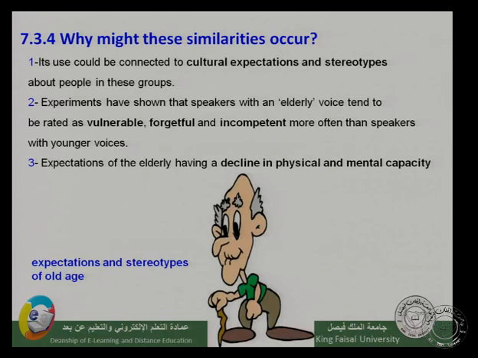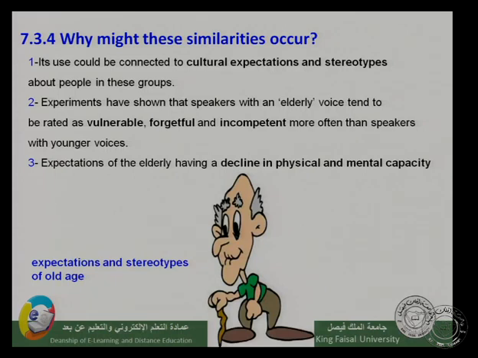Number three, expectation of the elderly having a decline in physical and mental capacity. So we have the expectation that the older we get, the more our physical and mental capacity declines. So when you are in your 60s and 70s, your physical ability and your mental ability will gradually decline.